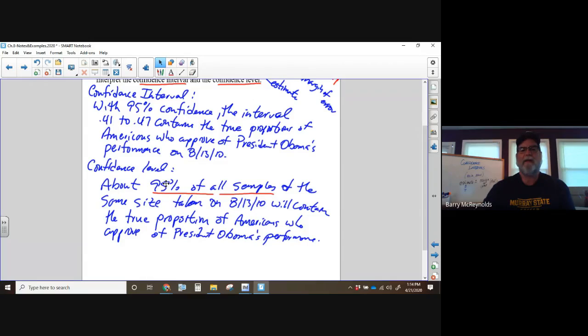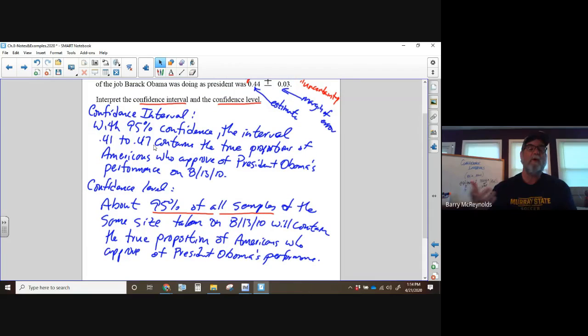These two go kind of hand in hand, but they are different interpretations. And quite honestly, on the open response question, you may be asked to interpret either the confidence interval or confidence level. I could very easily see that as being one of the questions that you might have to respond to.